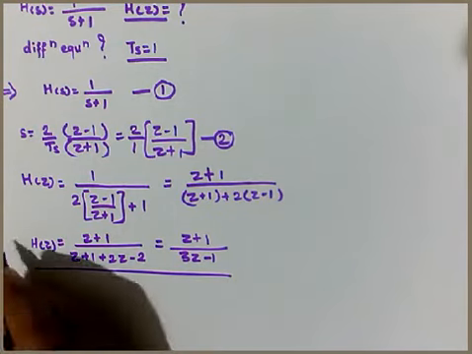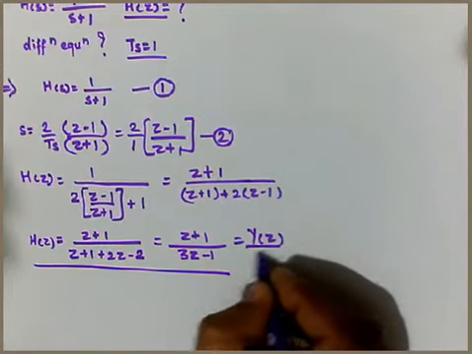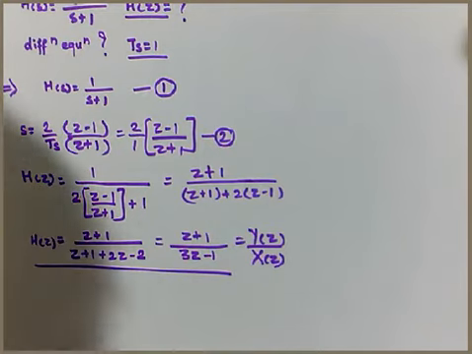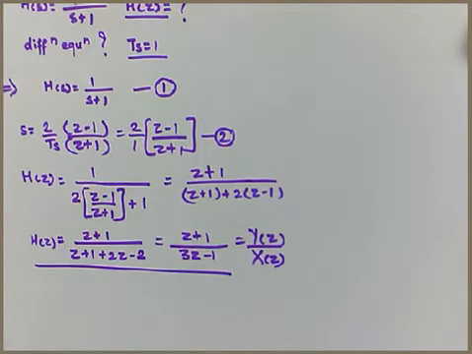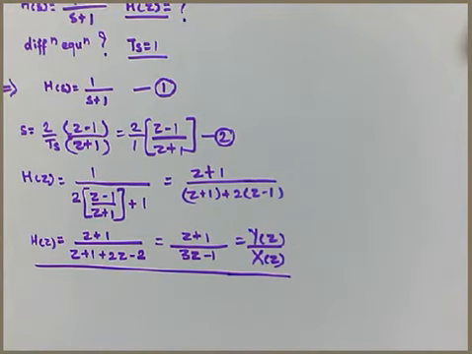So h of z is nothing but actually y of z by x of z. Since it is asked to obtain the difference equation, we can just imagine that these equations are nothing but y of n in terms of x of n. It may be the delayed or advanced values of x of n.